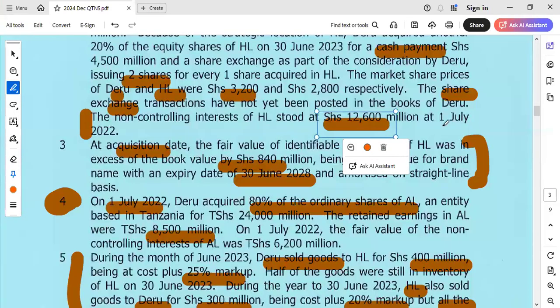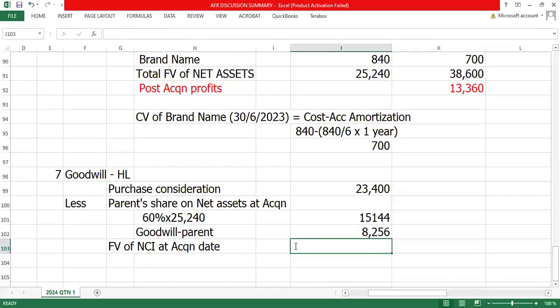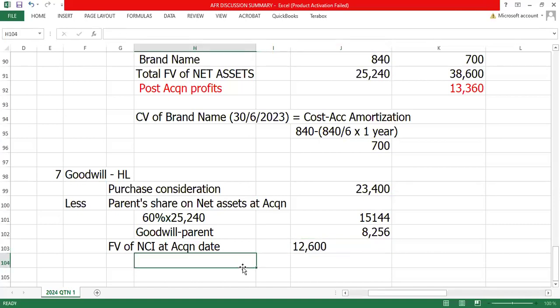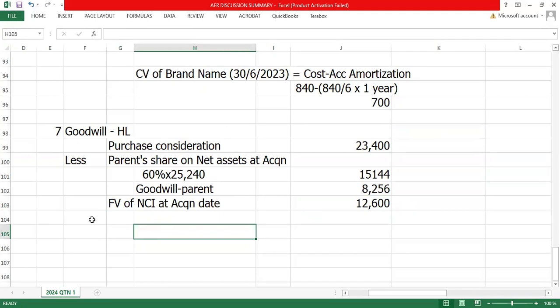That was on 1st July. It stood at 12,600.